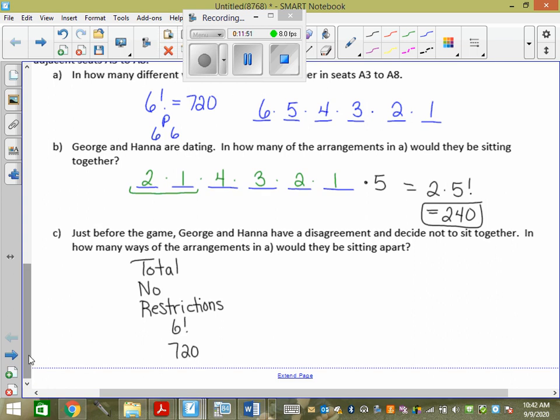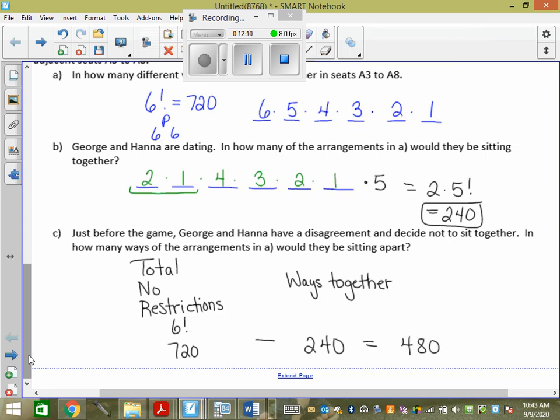We did that already. Then we have to minus off the ways they are together, which equals minus 240, which equals what? 480. And that represents what? Yes, and this is sitting apart or not together.